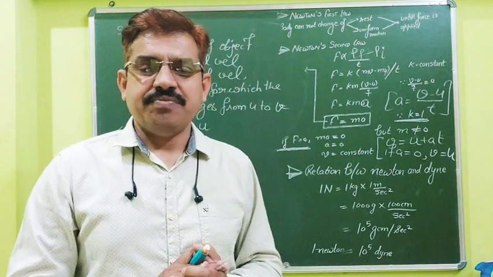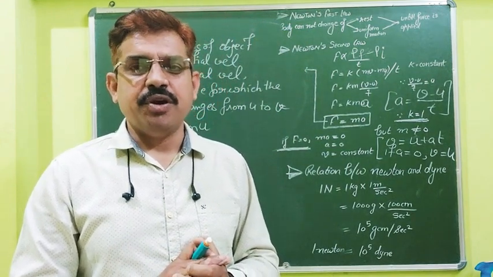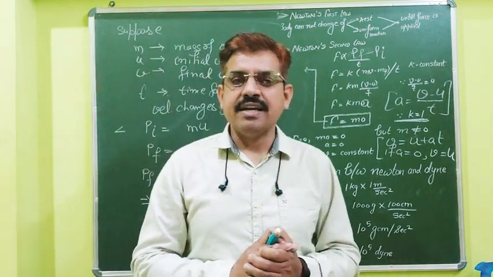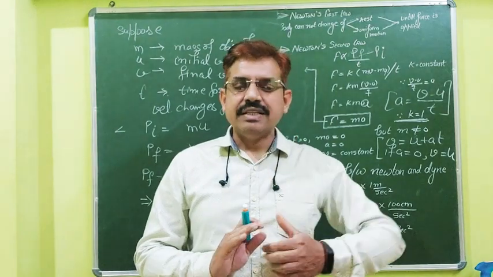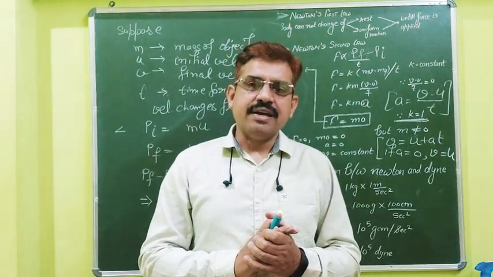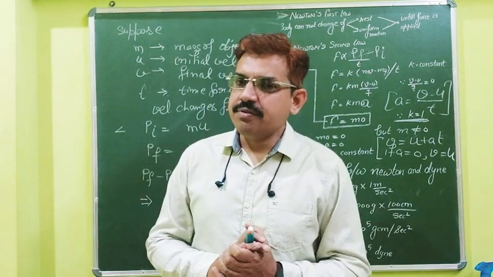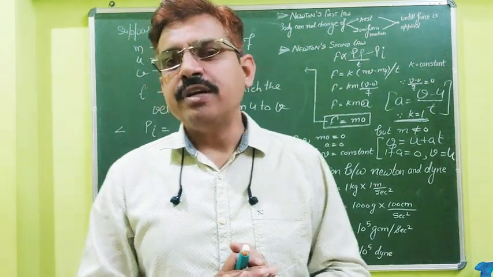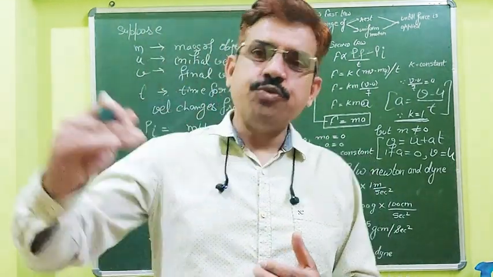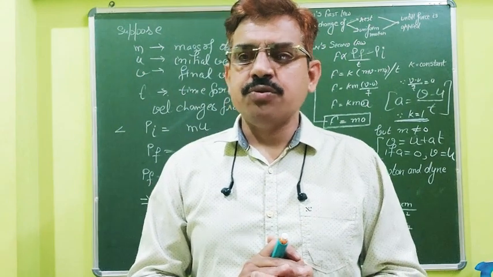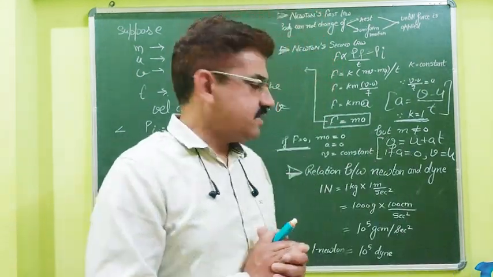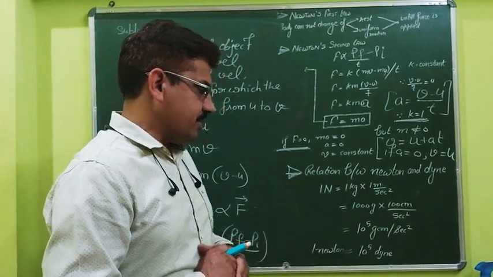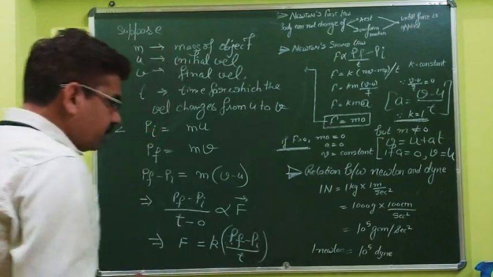In that case the acceleration will be 0 because the force will be 0. This is only possible if no external force is applied on that particular car, so acceleration is 0 and velocity will be constant. That is, either the body is at rest or the body continues to move with a constant velocity. These are the special cases: if acceleration is equal to 0, then velocity is constant. Next is the unit of force.